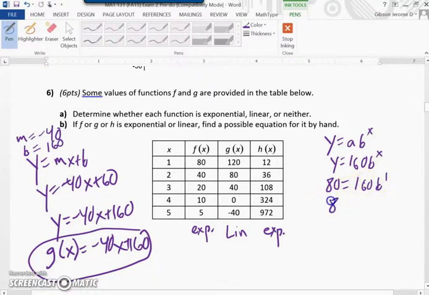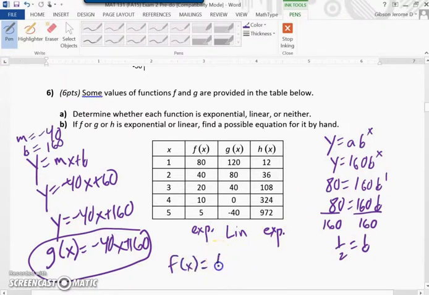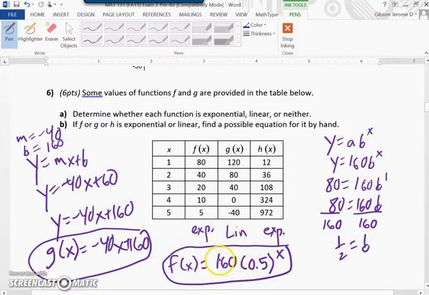So now we will have 80 is equal to 160 times b. Divide each side by 160, and this would be 1/2 is equal to b. So f of x is equal to 160 times 0.5, or you could put 1/2, to the x. Okay, that takes care of our f of x.